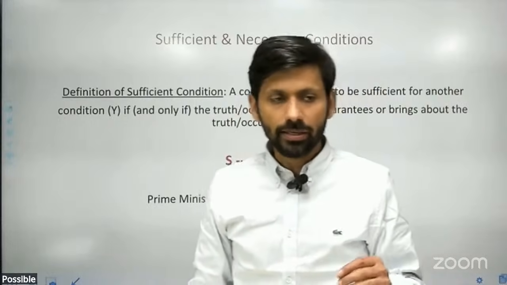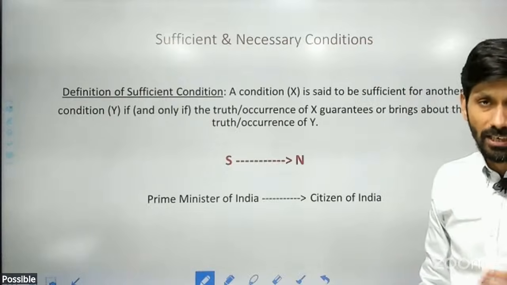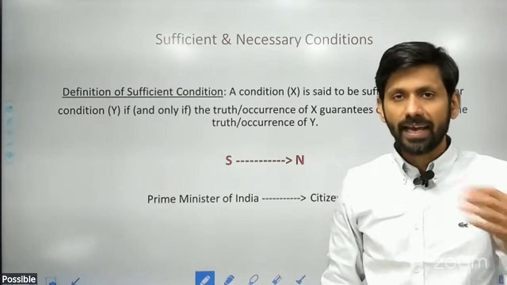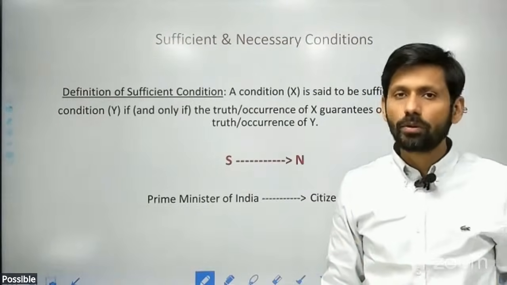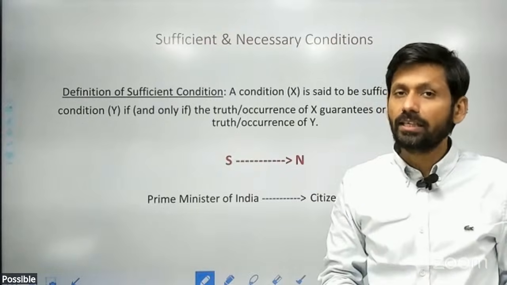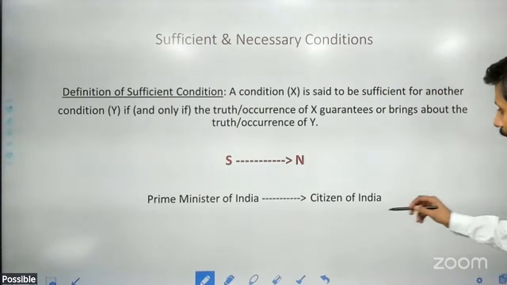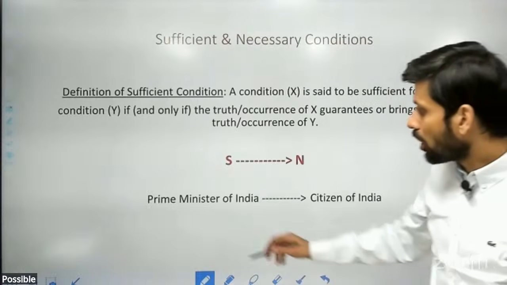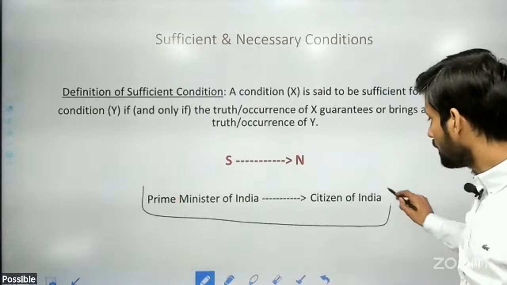fundamentals. Okay, so sufficient condition, we understand sufficient would mean enough. If I'm saying A is sufficient for B, I'm saying if A is true, B is definitely necessarily true. That's what sufficiency is. And whenever there is a doubt कि sufficient क्या है, necessary क्या है, always fall back to this example.